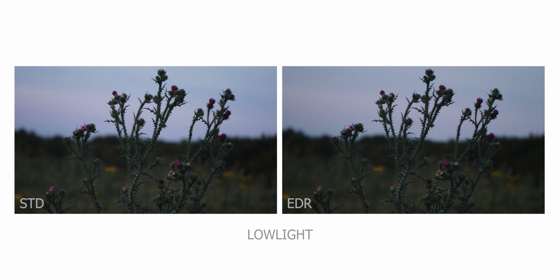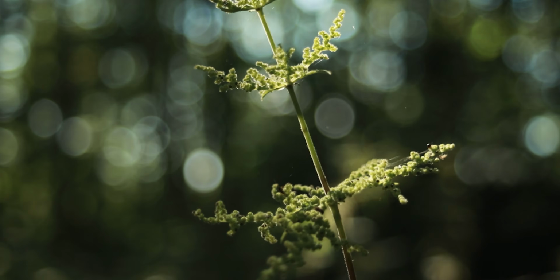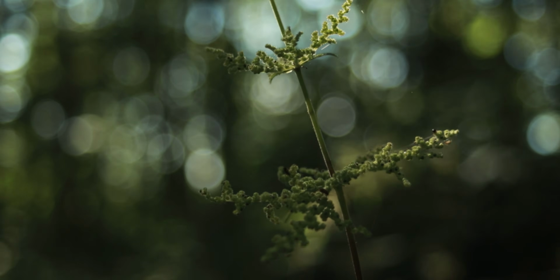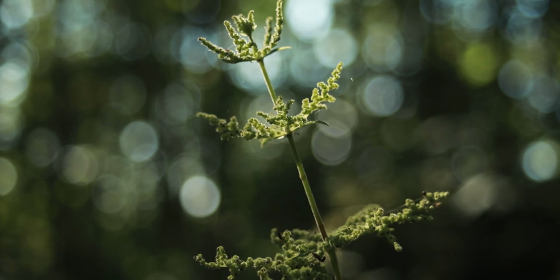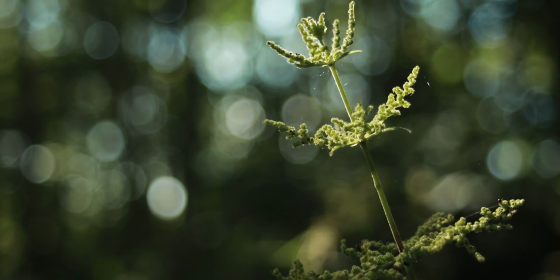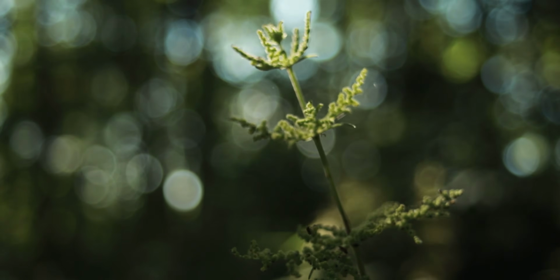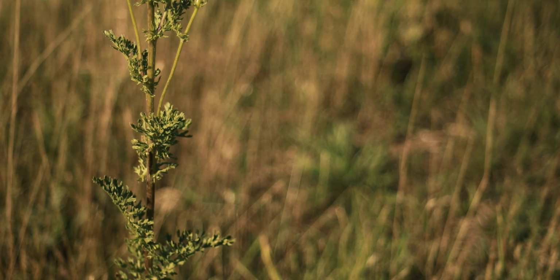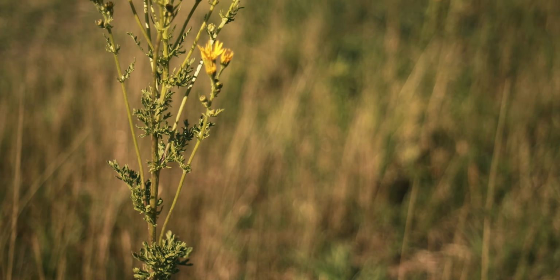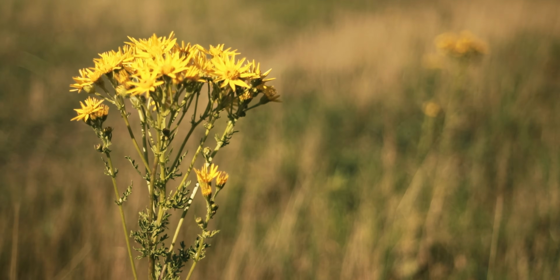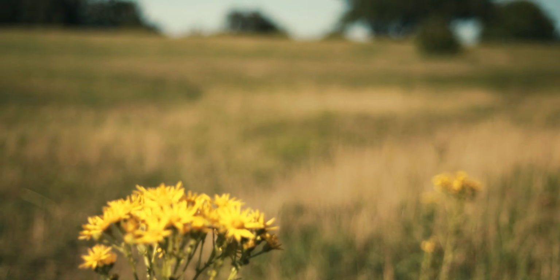As always, I do encourage you to expose both your images and your video for the way you want your final image to look. Do not rely too much on the exposure meters, the histograms. Obviously, make sure nothing clips. Apart from that, try to focus more on the actual tone you're going for.